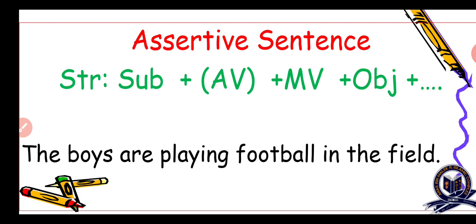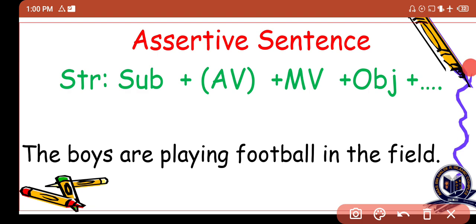It's not compulsory that there must be an auxiliary verb. A sentence must have a verb, but it sometimes has an auxiliary verb too.